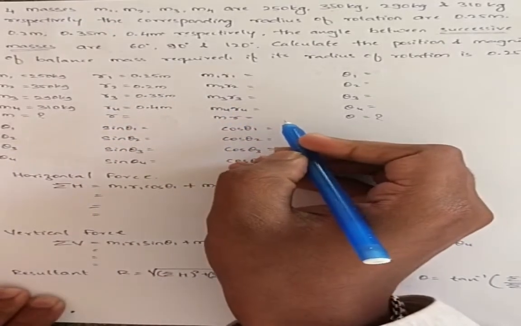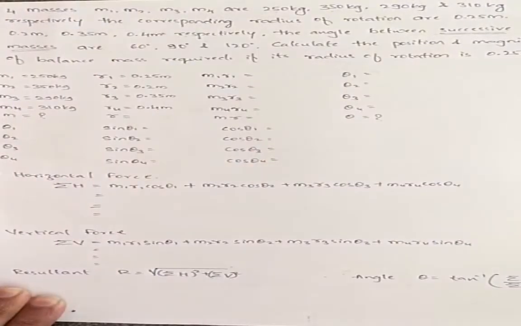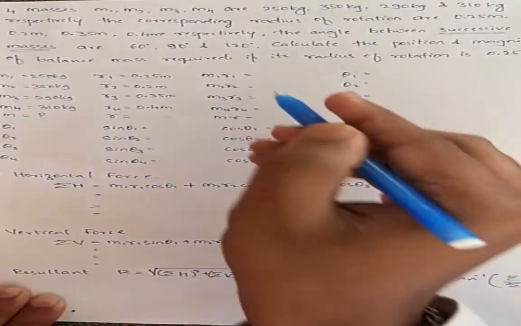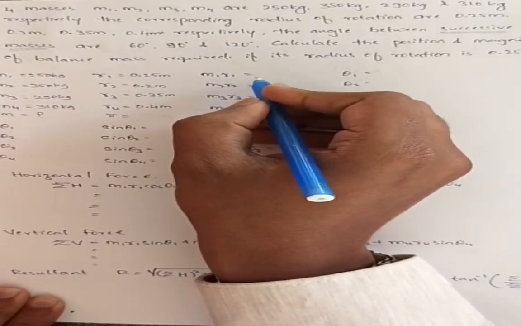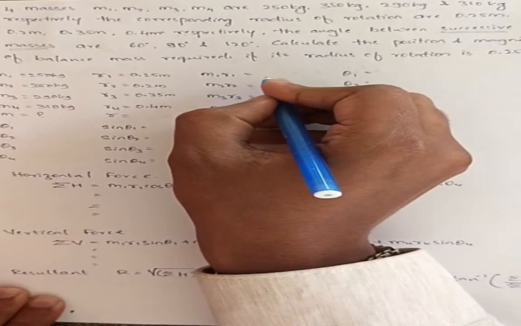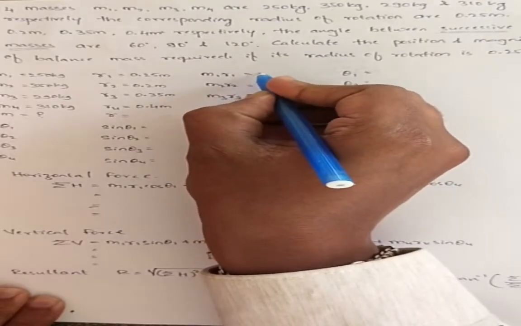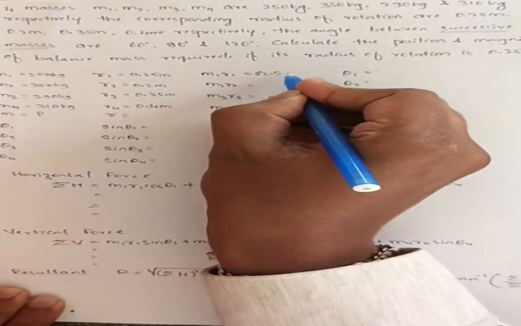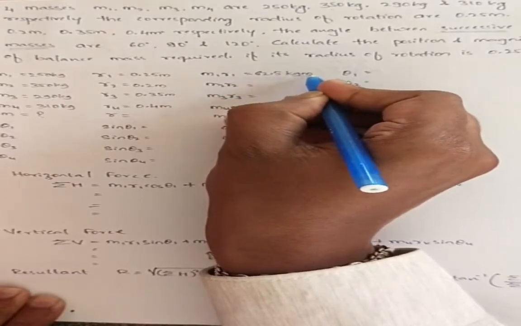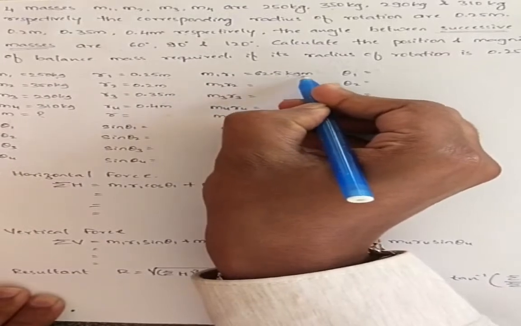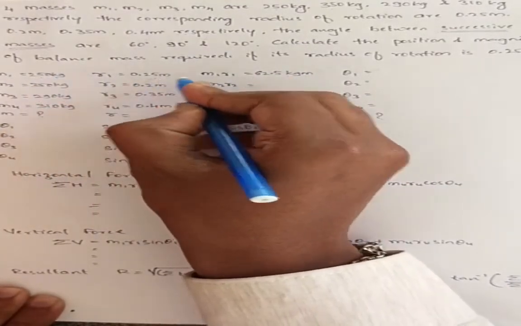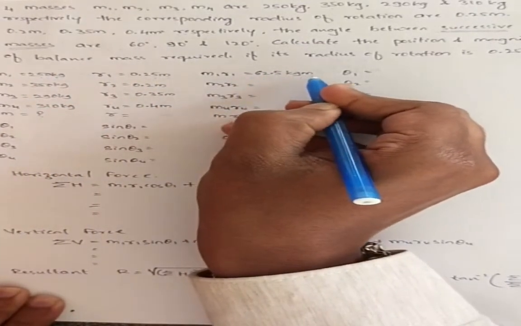Now what you have to do is calculate M1 R1. 250 into 0.25 gives 62.5 kg meter. The mass is in kg and radius is in meter, so we get kg meter.